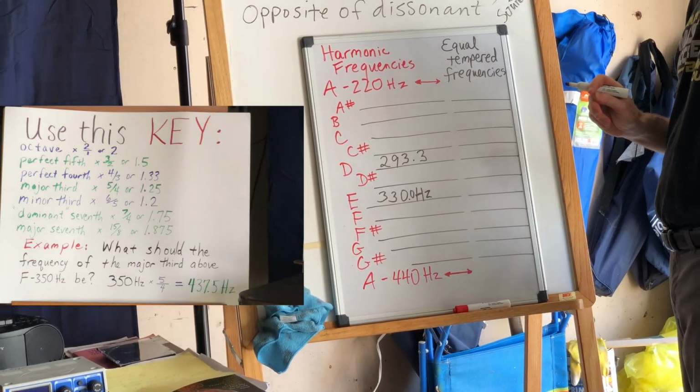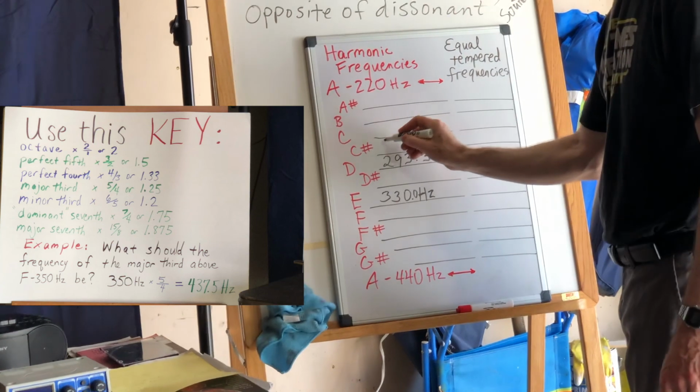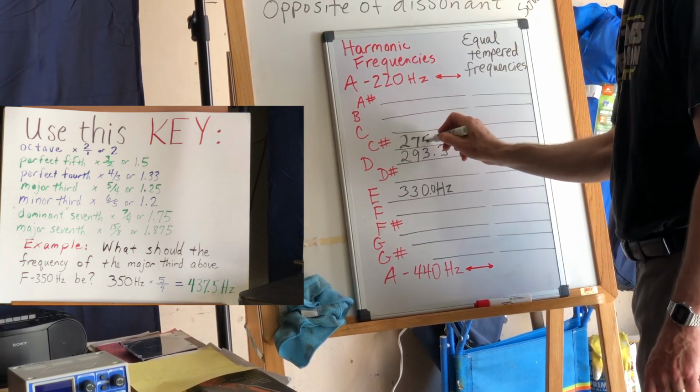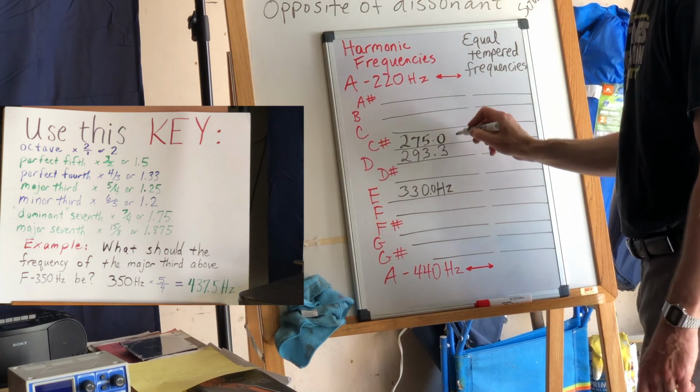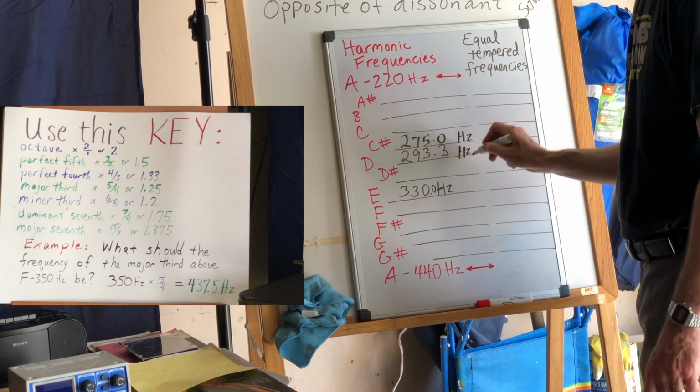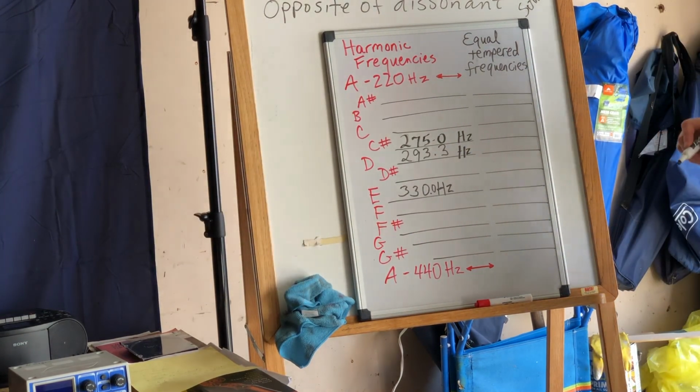Let me know when you got it. That would be 275.0 hertz. Okay, so that one came out nice. Yeah, and all of these are cycles per second or hertz, so I'll try to be good with my units.